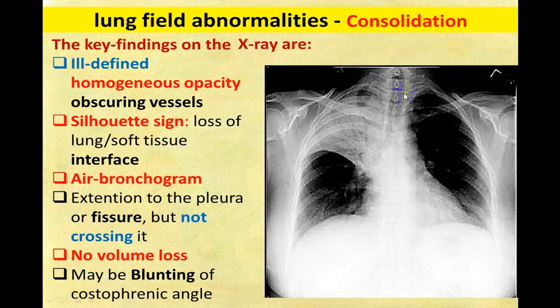Radiopaque shadow, no shift of trachea, no shift of diaphragm, no shift of mediastinum, no shift of hilum. Usually costophrenic angle clear, right, in upper lobe, and you see an air bronchogram in favor of what we call consolidation, and there is no loss of lung volume.